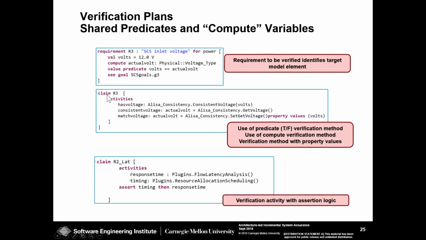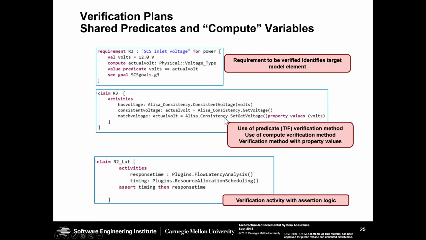In the verification plan, you write a verification plan against a requirement set. Within the verification plan, you write a claim for each requirement in the system requirement set. So claim R3 is a reference to the requirement. You list out a set of activities. The first one is the invocation of a verification method that is passed volts as a parameter; it will then execute some values and do the comparison, so it acts as the predicate and returns true or false.